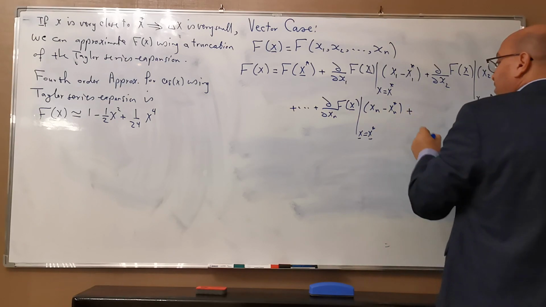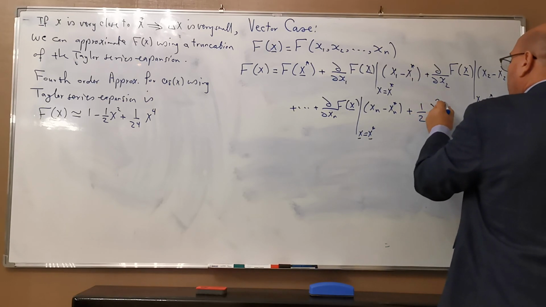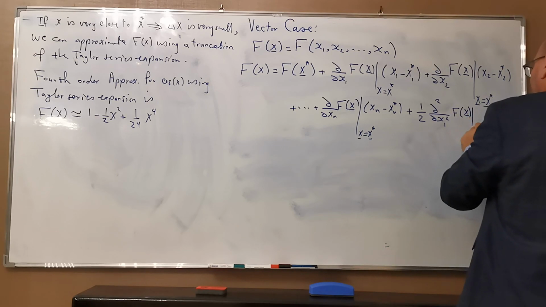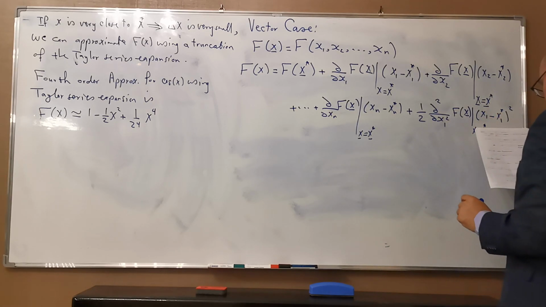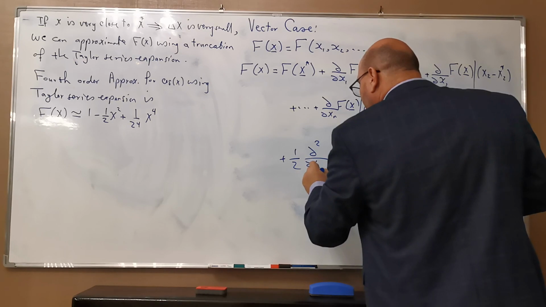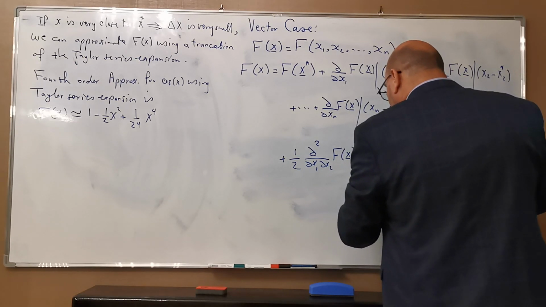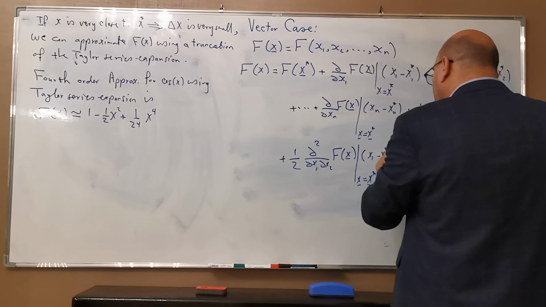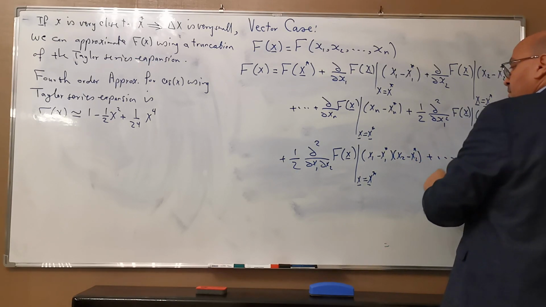Then we go to the second derivative, and we will do this for the second derivative: 1 over 2 partial x1 squared of f of x evaluated at x equals x star multiplied by x1 minus x1 star squared, plus 1/2 partial x1 partial x2 f of x evaluated at x equals x star as a vector multiplied by x1 minus x1 star times x2 minus x2 star, and we keep going until infinity.